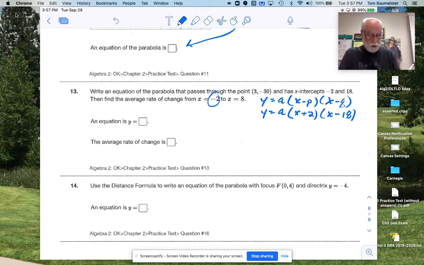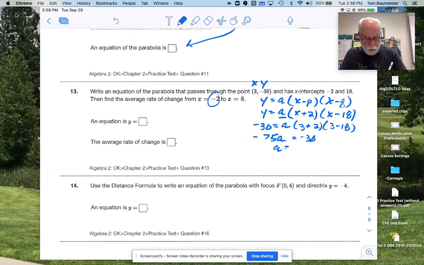All right. So now to solve for our a, we have to use our point. So our point is x and y. So I'm going to say negative 30 is equal to a times our x, which is 3 plus 2 and 3 minus 18. So if we work that out, 5 times a negative 15 is negative 75a is equal to negative 30.